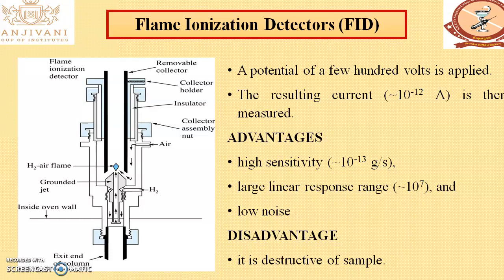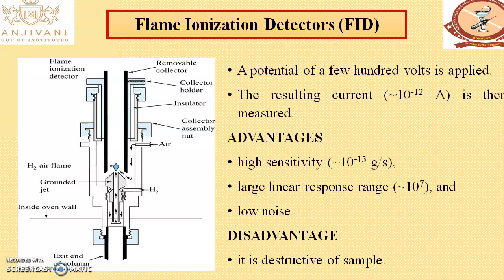If deposition occurs, it will result in loss of effluent, thereby causing errors in detection. So we must avoid any deposition of the column effluents in this column oven. Again, the temperature must be maintained.